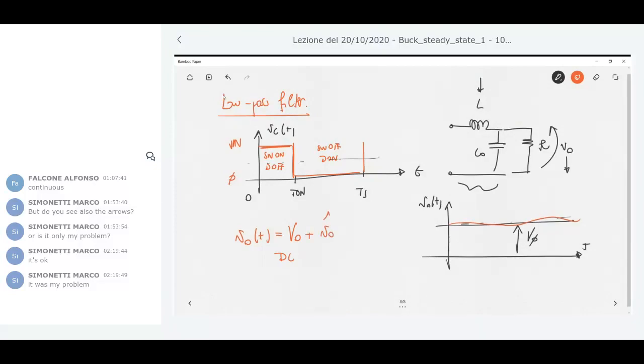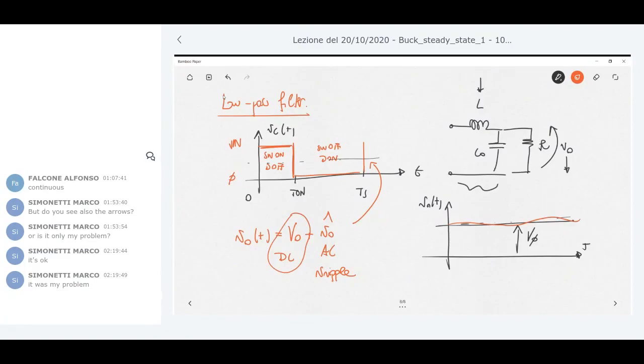This AC component can be indicated with a hat on top of the V0 variable, or as indicated in the slide, we can also call it the ripple. V0 ripple is the same concept. So I can separate the DC part, which is the useful part, and the residual of the AC component of the input waveform after the filtering section.